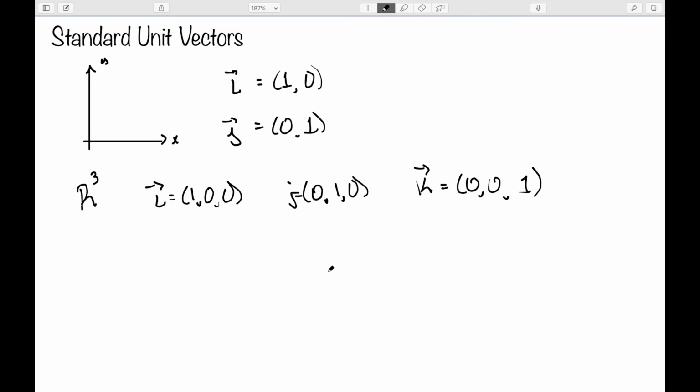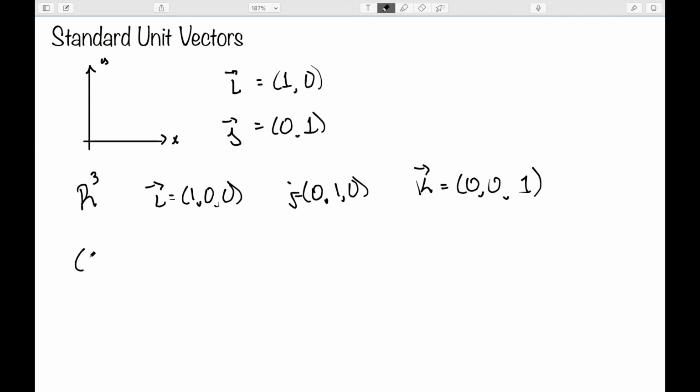And we can generalize these into higher dimensions as well, where we just let all of the entries be equal to 0 except for one of them, and we just slowly change which one is equal to 1. And the really nice thing about these is that every vector in our space is a linear combination of our standard unit vectors.